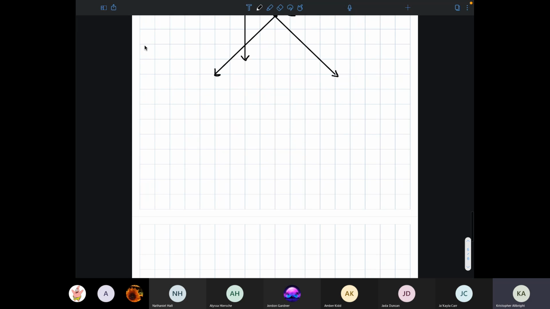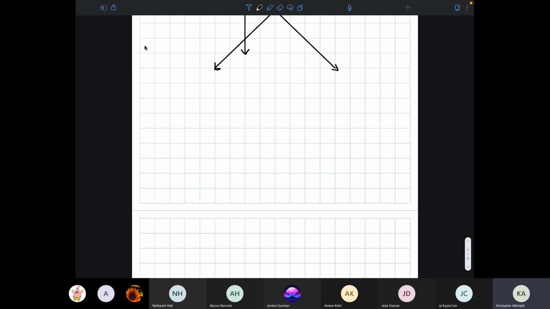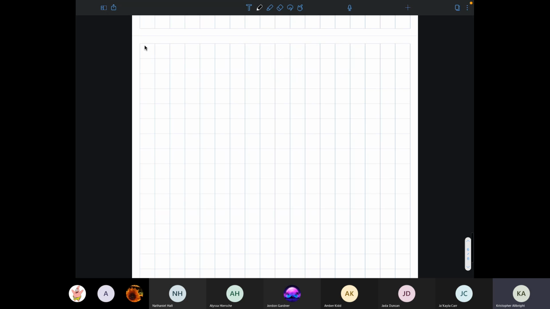One other thing that you will need to know that will affect what your graph will look like is stretching and shrinking. So if we have something that is multiplied by our absolute value, so we have 2 times the absolute value of x, that is going to stretch our graph out.